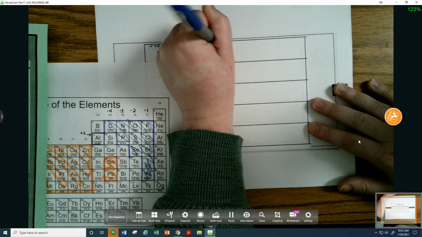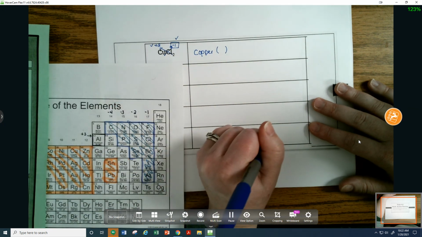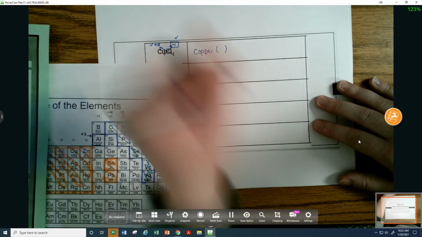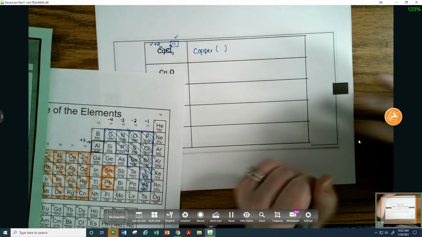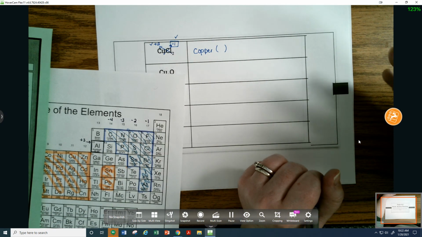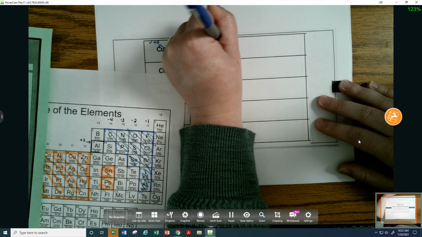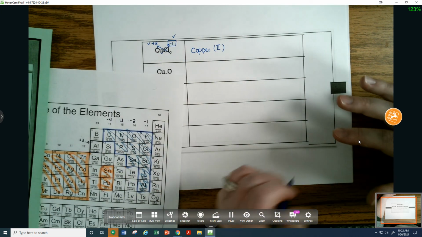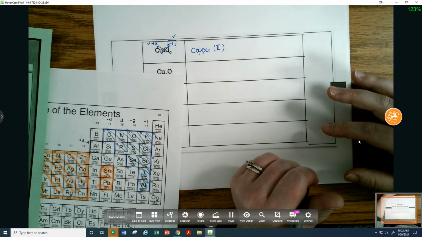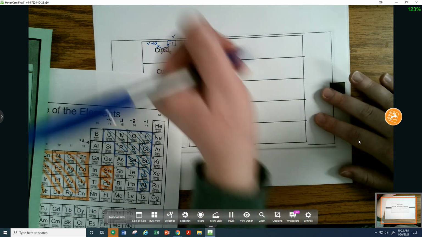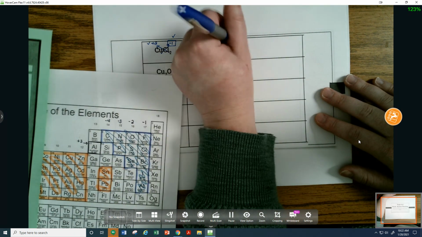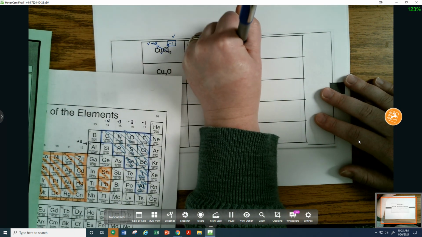The difference is we now need to include that Roman numeral in a set of parentheses following it, with the charge of the cation, the positive. So this is copper 2, and then this is just chlorine, so it's not a polyatomic. Remember you have your ending change here, so this will be copper 2 chloride.